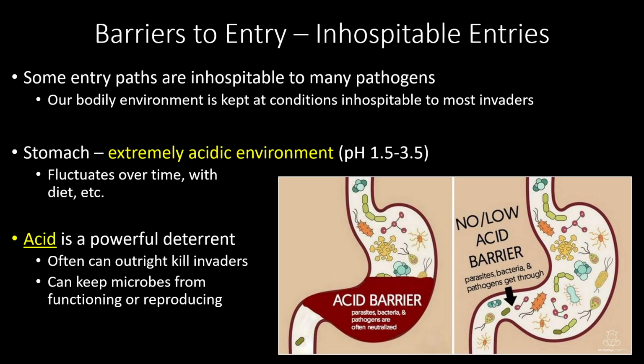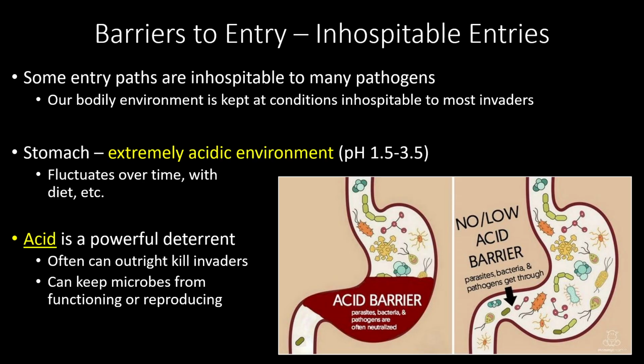So your stomach usually sits around a pH of 1.5 to 3.5. That's really acidic. This is mainly because we produce hydrochloric acid and a variety of enzymes that help break down things that we swallow and bring into the stomach. It's the job of the stomach to break down a lot of things and digest them.